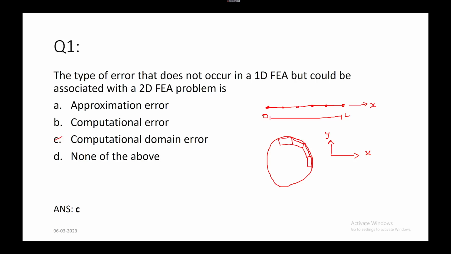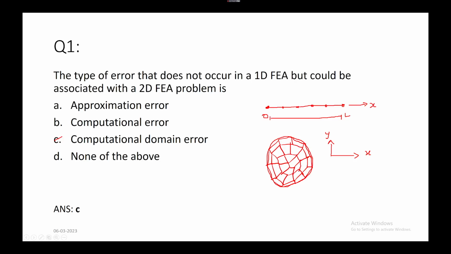So like this we are doing, and inside also I am going to discretize. So something like this I am getting.